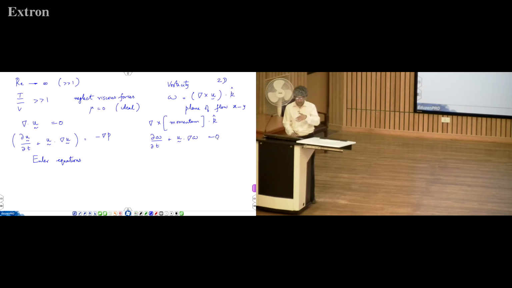See, u is a velocity field. So, omega is a vorticity field, it is distributed everywhere. You get an equation for omega. Okay. How does it help?